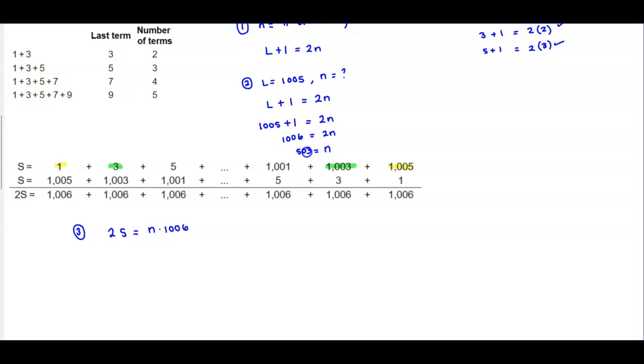Well, we found the value of n to be 503. So therefore, 2S is going to equal 503 times 1006.